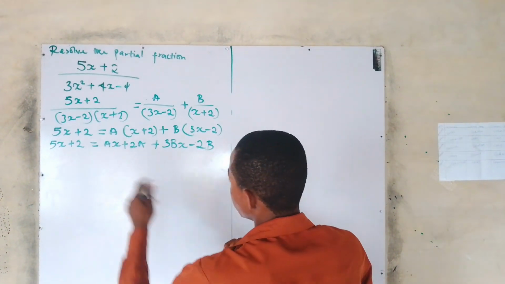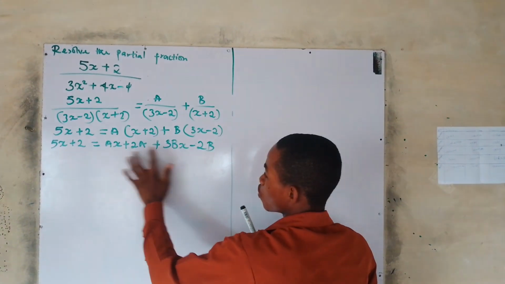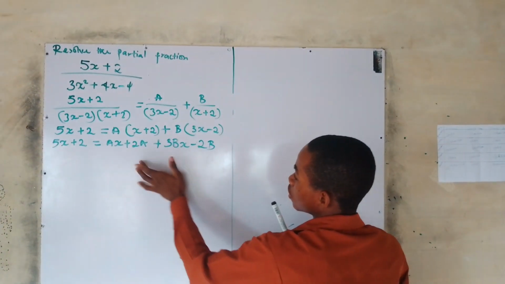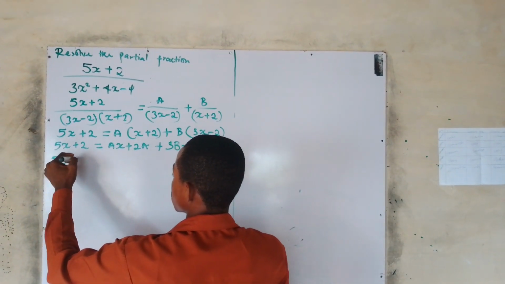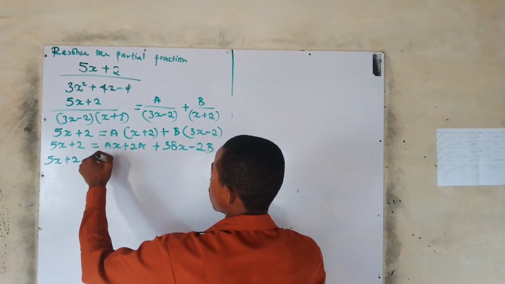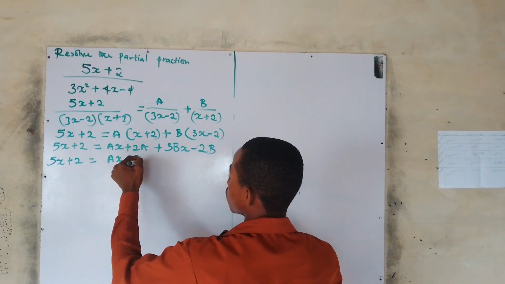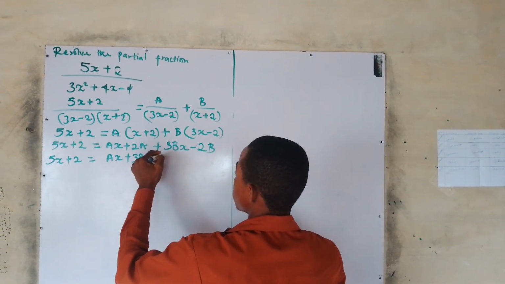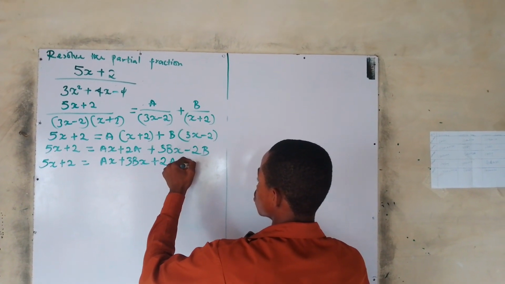Now let's collect like terms. Let's bring x to where x is and constant terms to where constant terms are. So we'll have 5x plus 2 is equal to Ax plus 3Bx plus the 2A minus 2B.